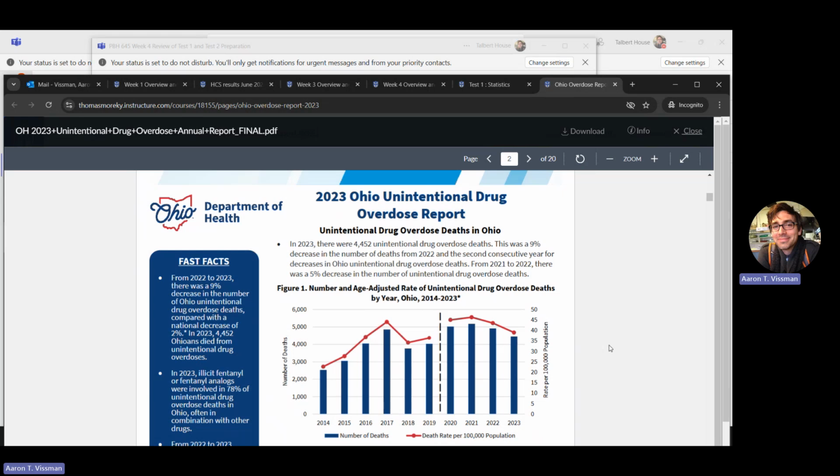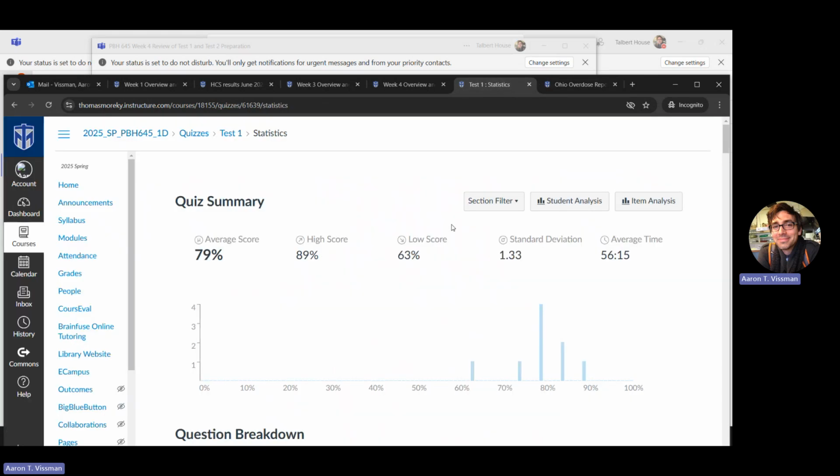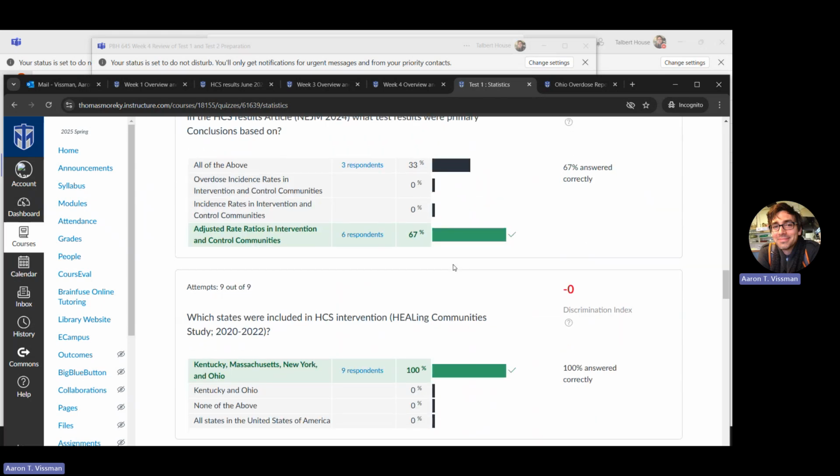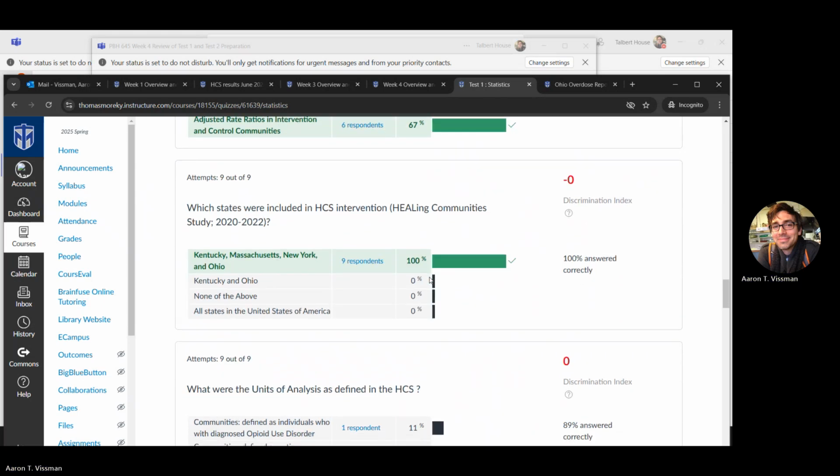So many other test one questions were simple facts from the assigned articles, such as the primary conclusions of the Healing Communities study and the units of analysis there, the sort of evidence-based practices that were reported in the Healing Communities study. Most of you, well, all of you that responded to this got this question correct.